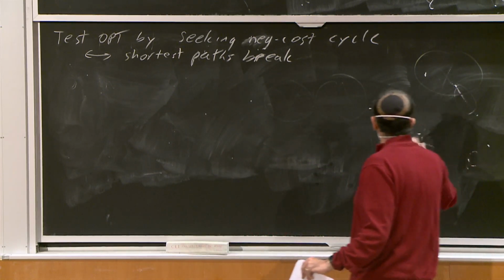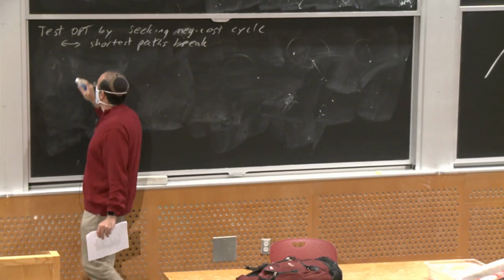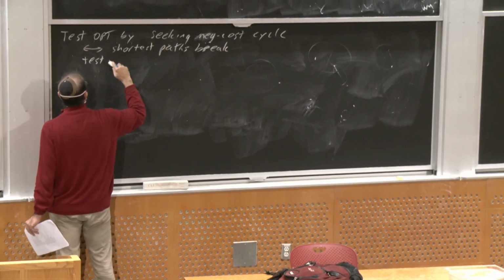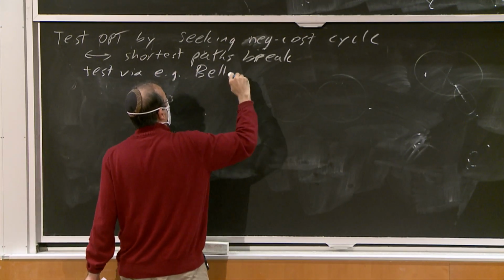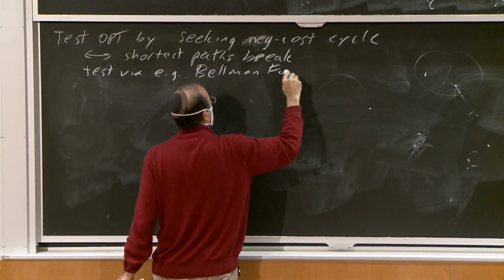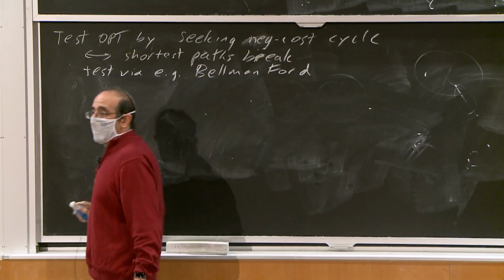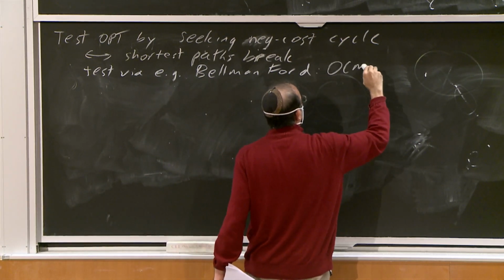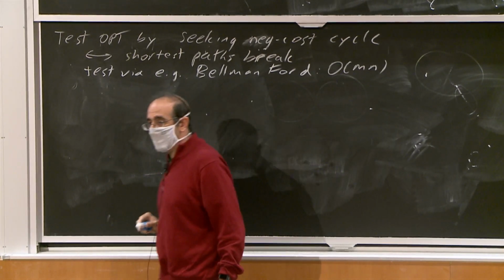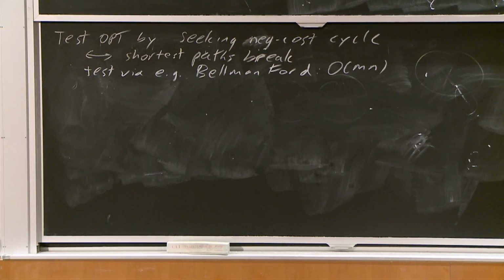And so we can use, for example, Bellman-Ford, which is an order mn time algorithm. And that becomes the time that it takes to verify a min-cost flow is optimal.